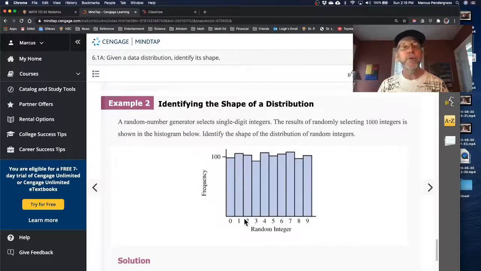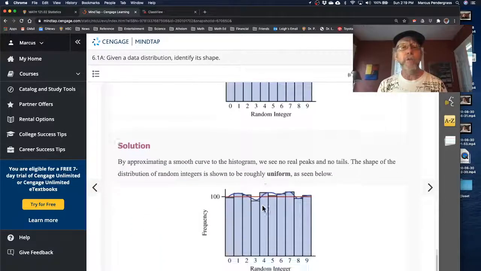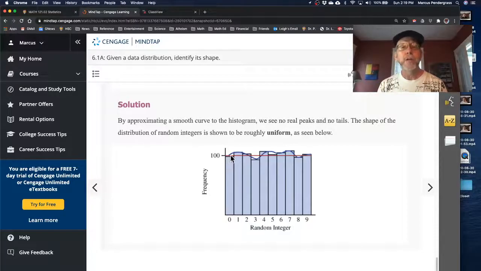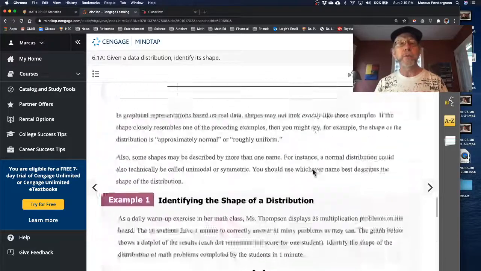Here's another distribution. These are values returned by a random number generator. We'll be using random number generators as we go forward to pick samples and do other things. You would describe this distribution as roughly uniform, right? Because although the bars aren't exactly of the same height, they're roughly of the same height. And so this would be a roughly uniform distribution.